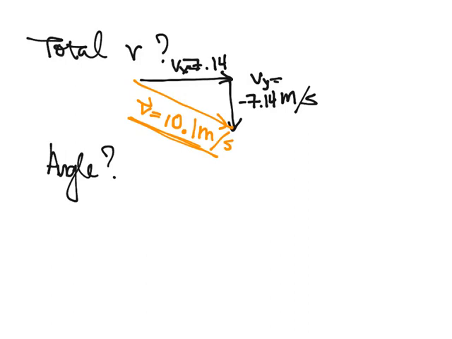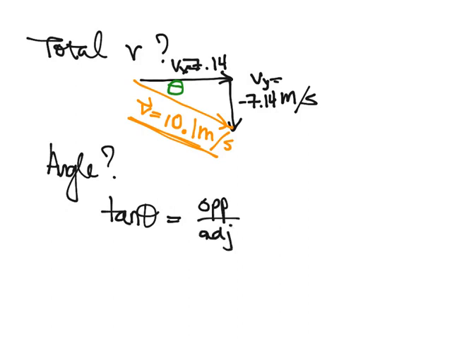Now if we want to know the angle, I'm going to look at this angle right here, and we can use inverse tangent, unless you realize right away by looking at this what angle we should have, but we can use tan theta equals opposite over adjacent.